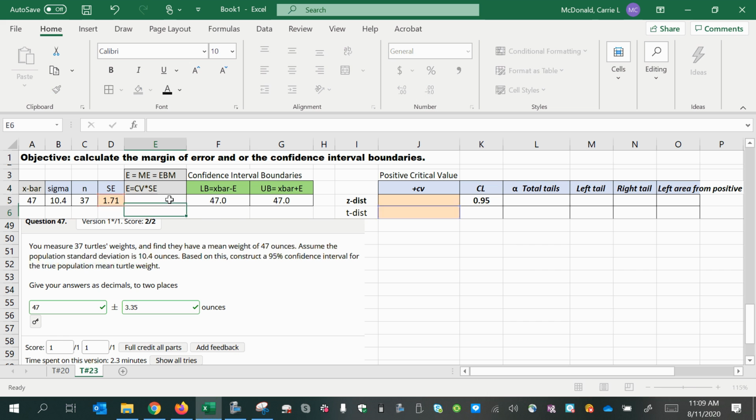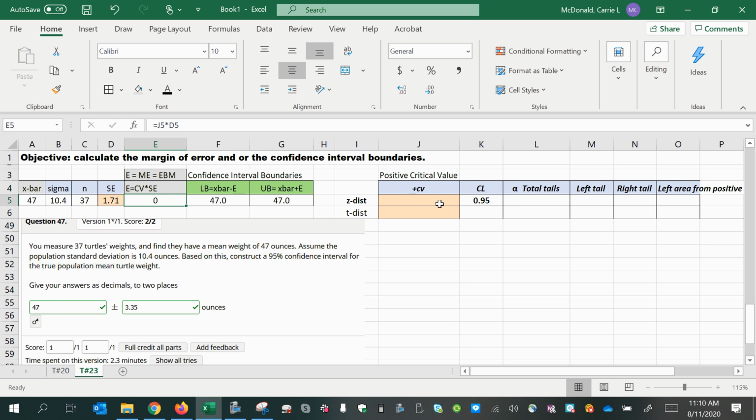So the margin of error will be calculated using this critical value. Once I find it, it'll be equal to the critical value that's a z-score times the standard error. Okay, so right now it's just showing 0 because I don't have anything in here yet.